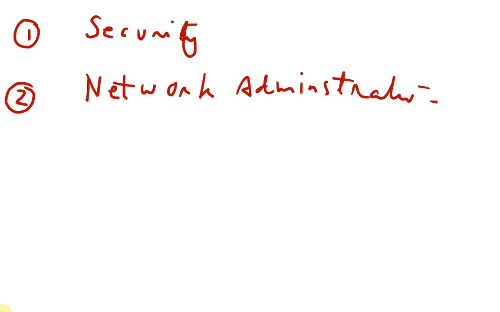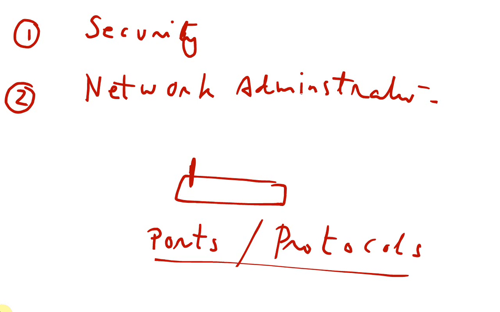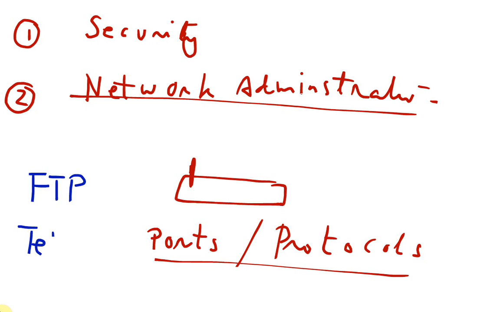In firewalls, we can block the ports or the protocols so that those ports or protocols cannot be used. For example, if as a network administrator we would like that nobody can use the FTP port or the FTP protocol, data being transferred through FTP or through telnet, then we can block those ports.